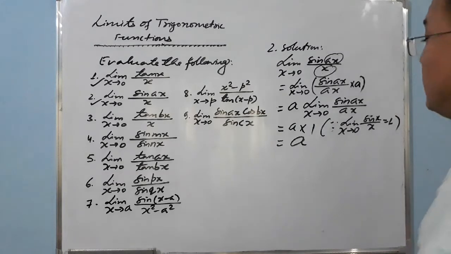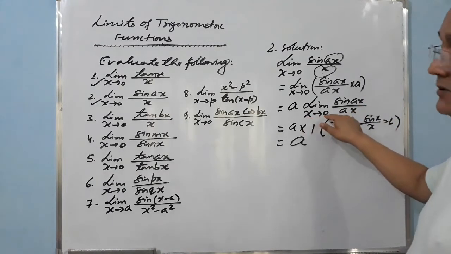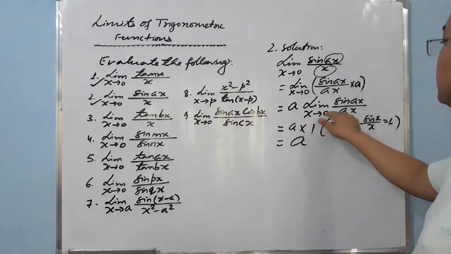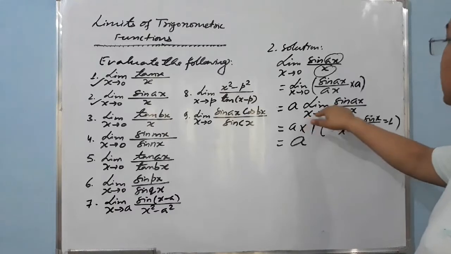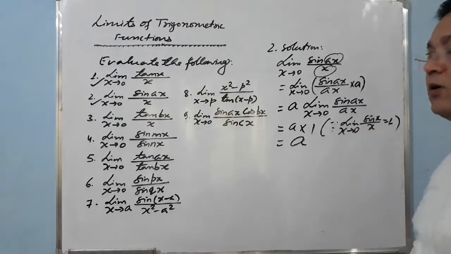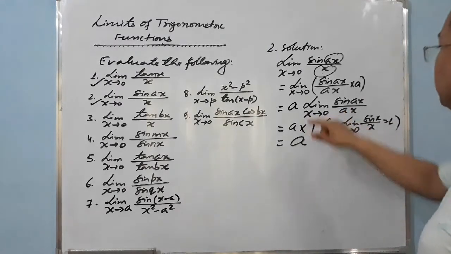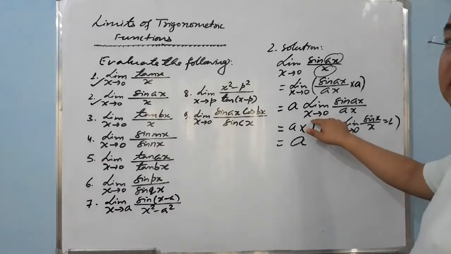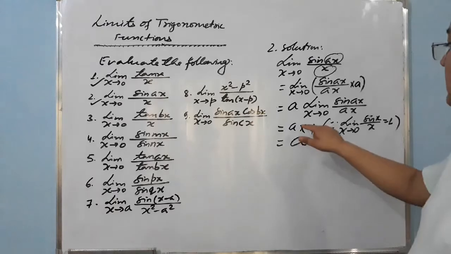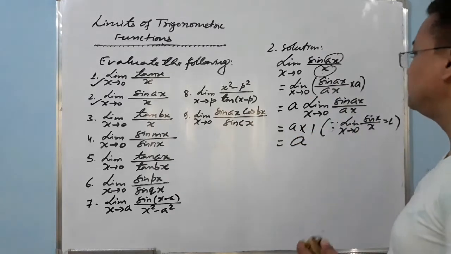If you have any question, thinking that here it is ax but there it is only x tends to 0, it also tends to 0 if you multiply both sides by a, and you get ax tends to 0. So it totally satisfies the theorem. So we can write 1, no problem. Whether you write it here or leave it in this position, it doesn't matter. So a times 1 is equal to a. So a is the limit of this function.